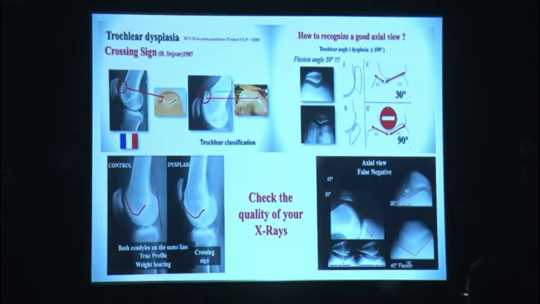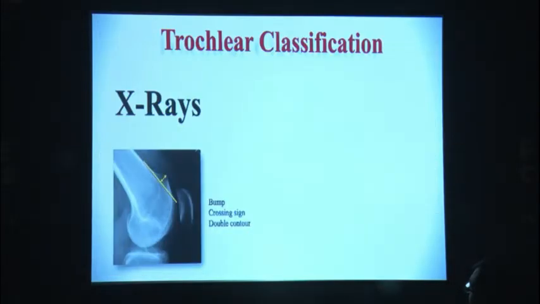Okay, so check the quality of your X-rays, and then you will find some different signs. You will find the crossing sign. You will see perfectly the bump, this prominence, and if you can remember something from this topic today, it is this bump. Whenever you see that, it's a high-grade trochlear dysplasia, and you have to take care of it.